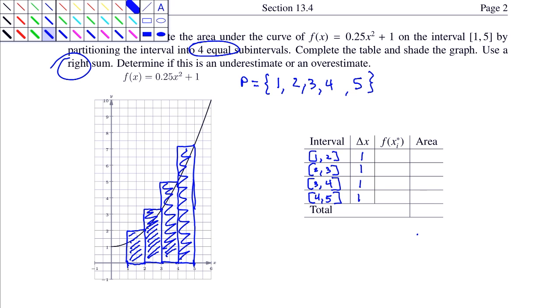Now, you can use your calculator to give you these values that you'll need for your chart. If you go to y equals and plug in the formula, it's 0.25 x squared plus 1. These are regular partitions, which means the endpoints, the parts in the partition come off regularly.